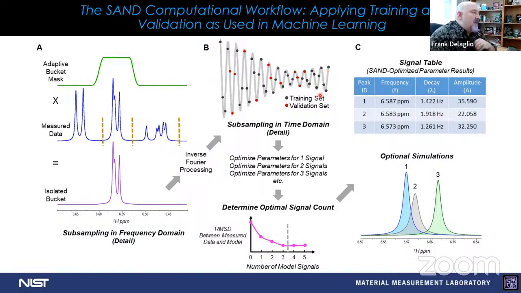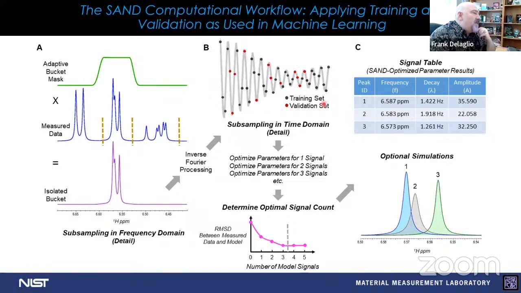And we try modeling a spectral region with one signal, with two signals, with three signals, with four signals. And of course, each time we add a new signal, the agreement between the model and the experimental data gets better. But that doesn't necessarily mean that the model is more appropriate. So we could add 100 signals and match the experimental data perfectly in a given region, but the underlying values that we got for those 100 signals wouldn't be meaningful.